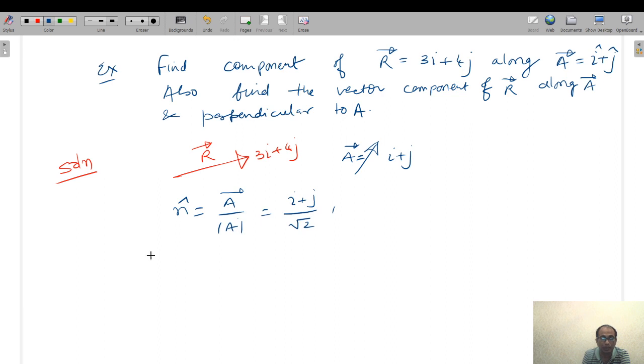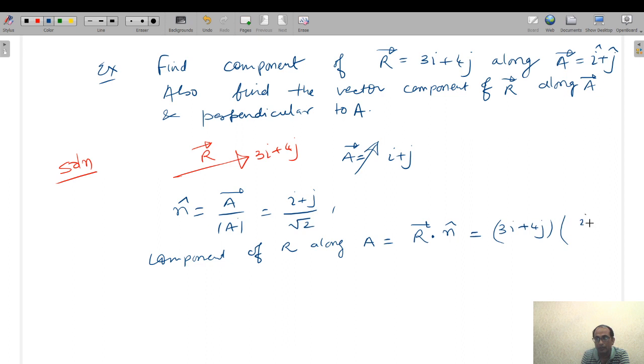Fine. So the component of R along A, what I told you, is R dot product with n. So here we will take 3i plus 4j multiplied by (i plus j) upon root 2. So what do we get? This is 7 upon root 2, right? This is by using that formula which I told you.